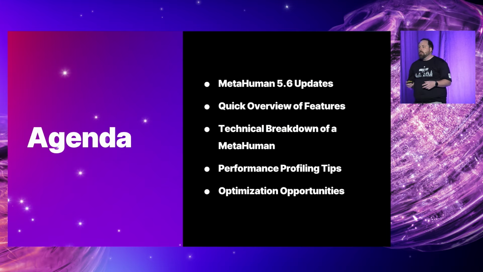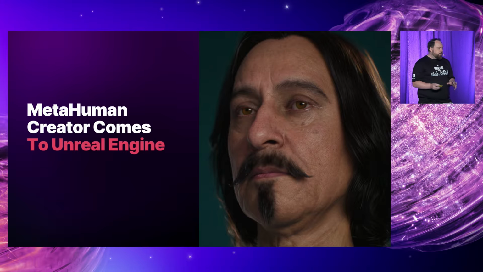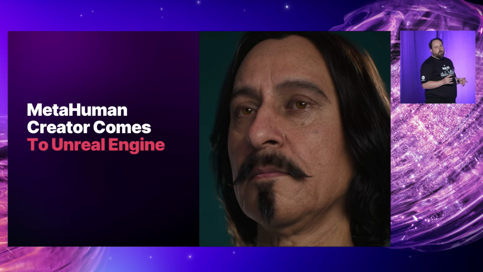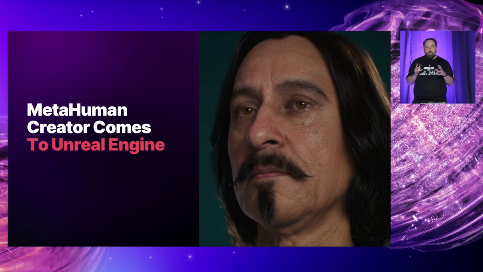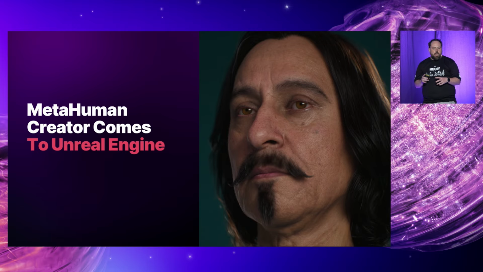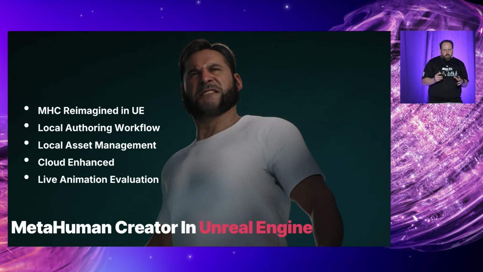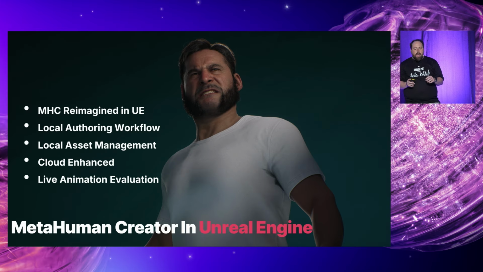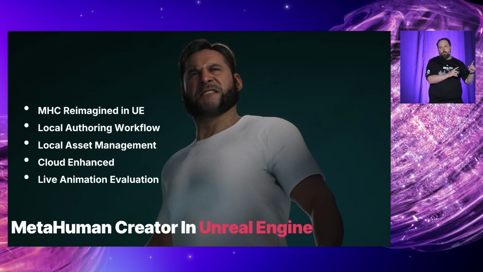So the biggest change with Unreal 5.6 is that we brought MetaHuman Creator inside of the engine. And we've taken all the good things that were in the web app and brought them into the application where you work. It's a really exciting milestone overall. And the workflow takes those good parts of the web app, brings them in, reimagines that workflow, makes it local authoring.